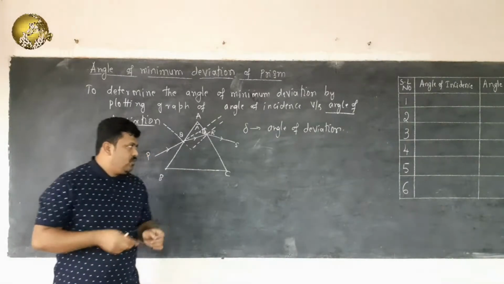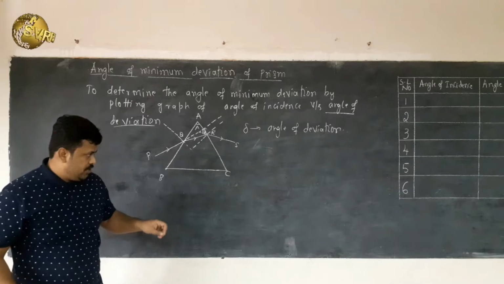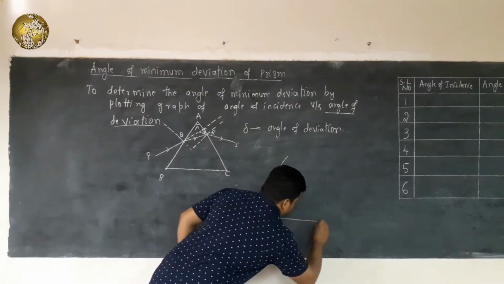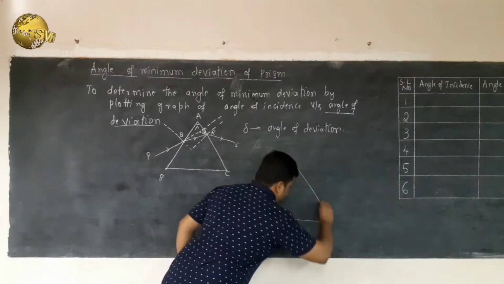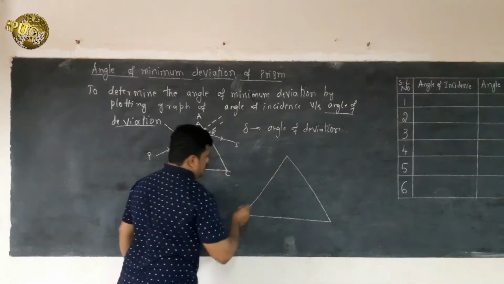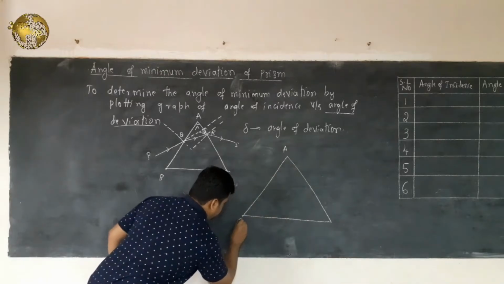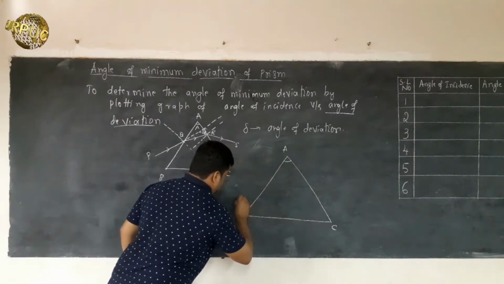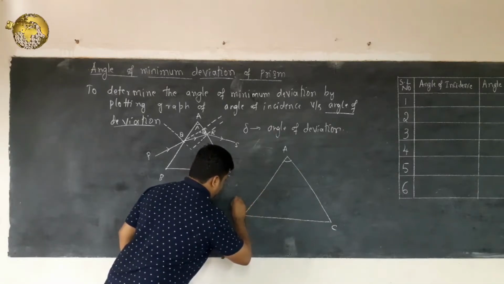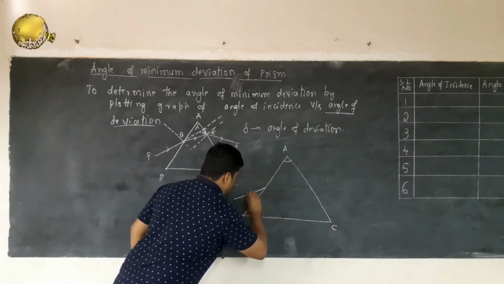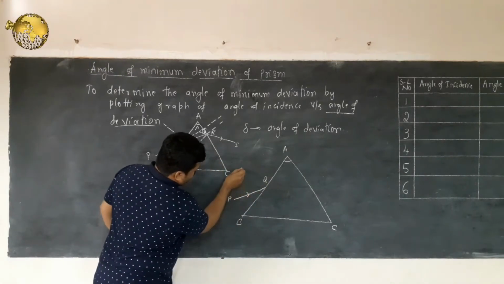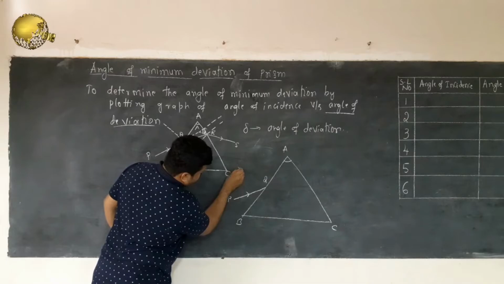Let's see when we will have the angle of minimum deviation. Let's again consider the prism. Let us take an incident light, I call it PQ, and I take a normal here for this surface.